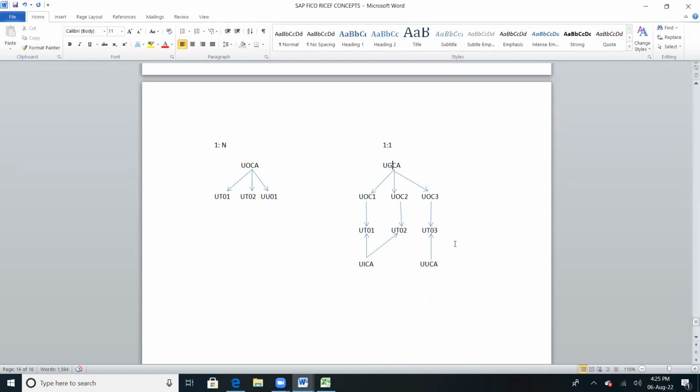Group chart of accounts and, for example, we are creating GL accounts like this.